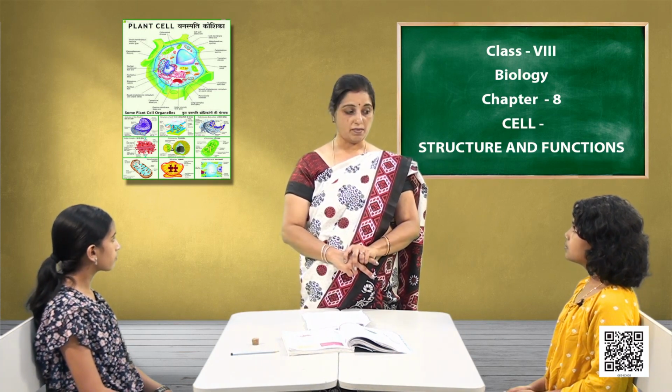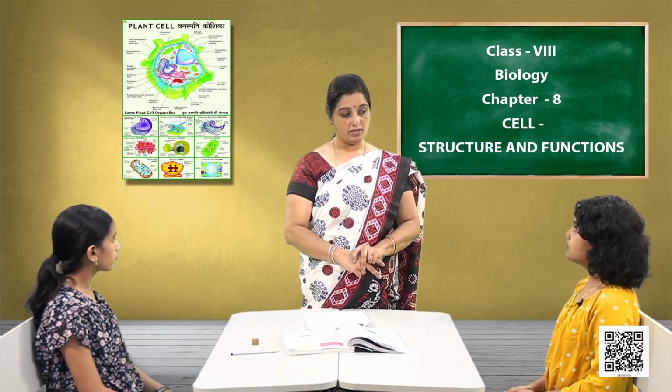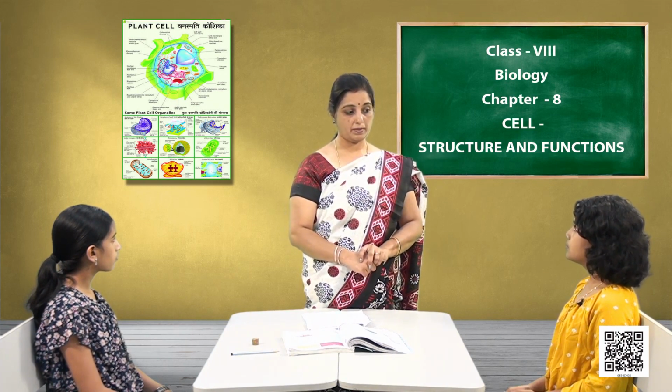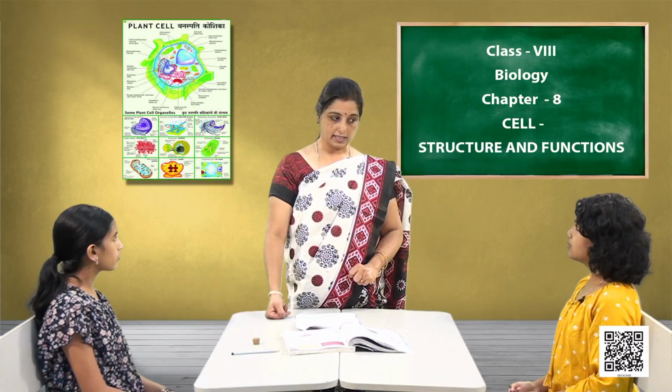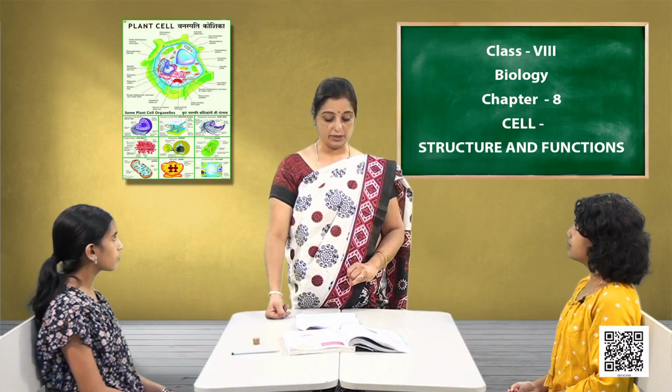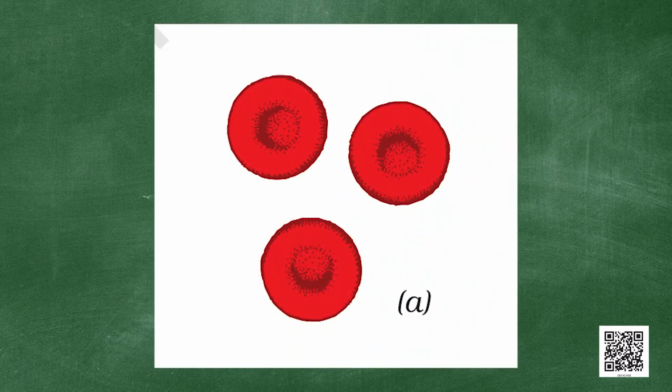Can you give one more example apart from human beings for a multicellular organism? Ma'am, a dog? Yes. One more example can you give? Ma'am, elephant? Good. Now children, look at these pictures. They are different types of cells found in the human body. Now tell me, what is the shape of this red blood cell?